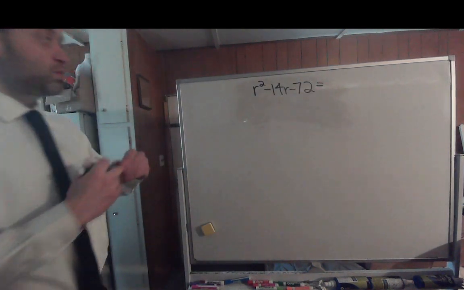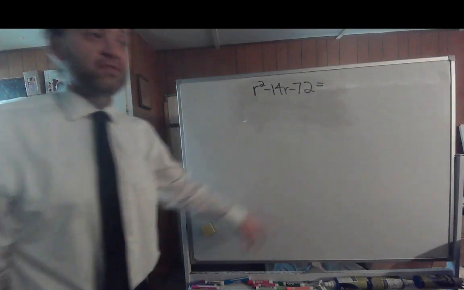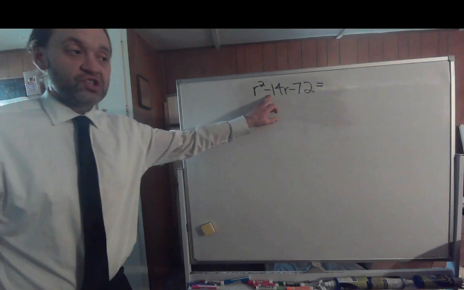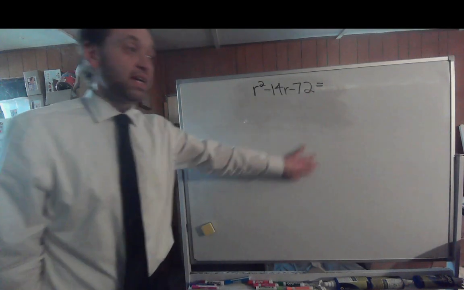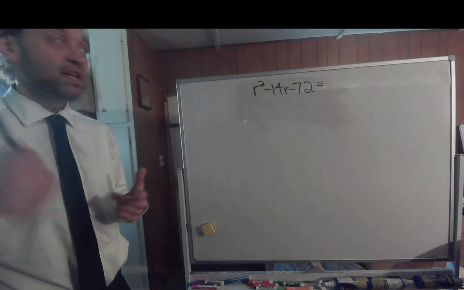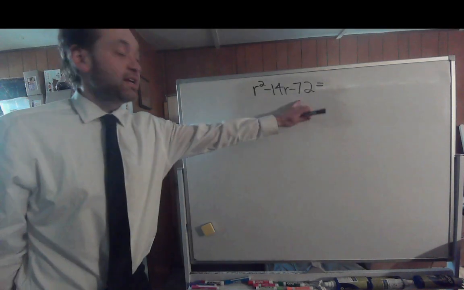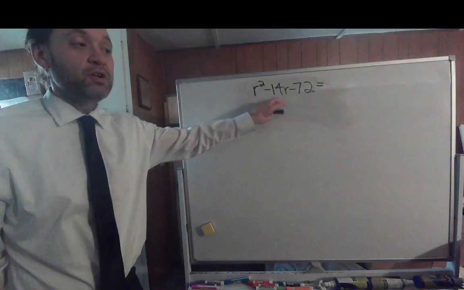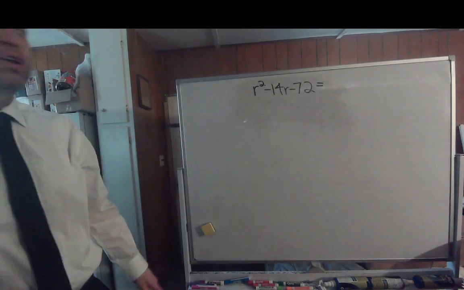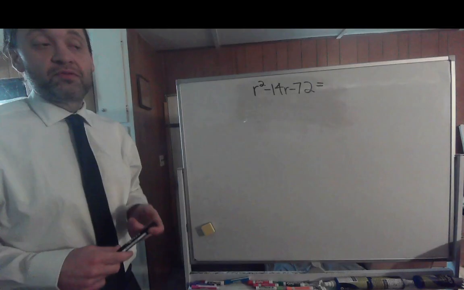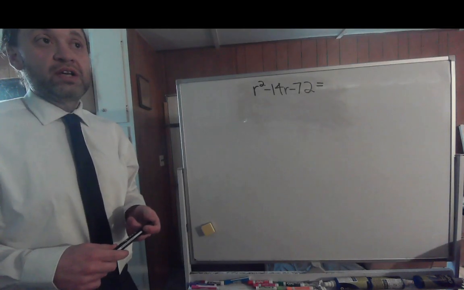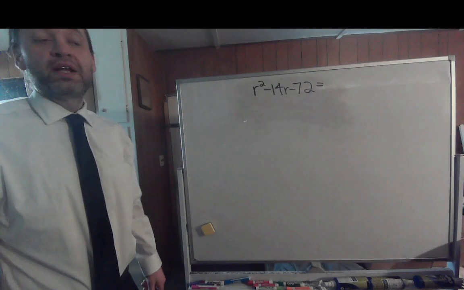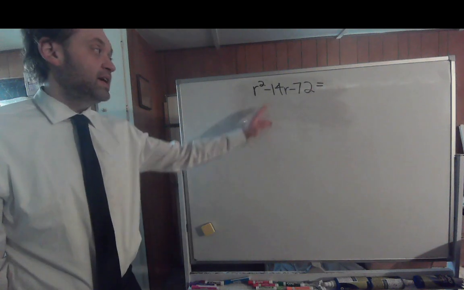So the middle coefficient is negative, your constant term is negative, so we need to take a positive and a negative factor of negative 72 that when added together will give you a middle coefficient of negative 14. So obviously negative 1 and 72, you add those, you would get positive 71. That doesn't work. 1 and negative 72, that would give you negative 71.